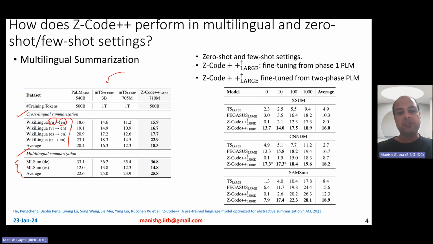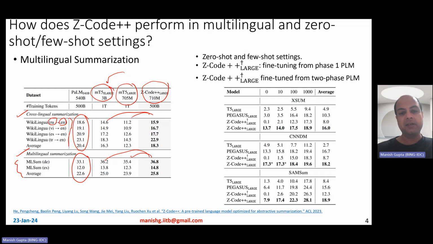Okay. So if you look at the comparisons, Zcode++ does better compared to mT5 extra large and mT5 large models. You see these numbers are better for both cross-lingual and multilingual summarization. Now, of course, Zcode++ does not beat PaLM models. The PaLM model is better in some cases, at least.